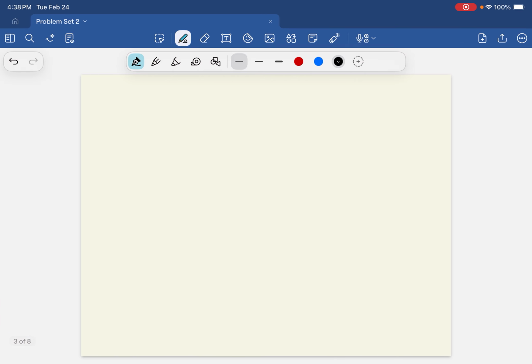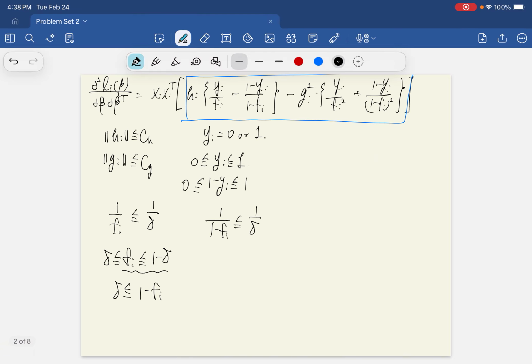So supremum about beta for the norm of this is bounded by, first I will just keep x as it is. We are just taking supremum over beta, and so beta is included in h, f, g, right?